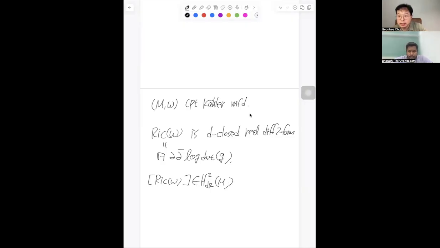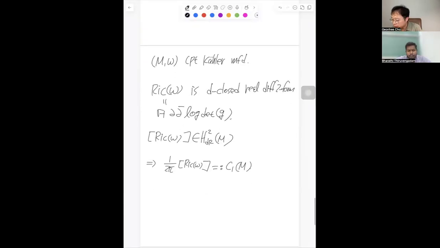This is guaranteed. Let me look at my notes. We divide by 2 pi because of the Gauss-Bonnet theorem: if we take the integral of this differential form on a compact Riemann surface, it becomes the Euler characteristic. That's why we divide by 2 pi.